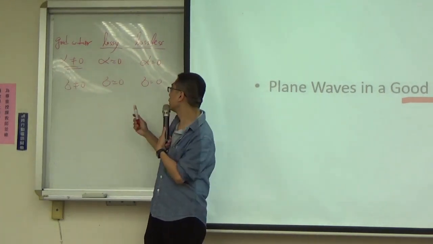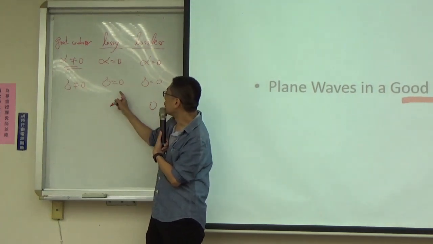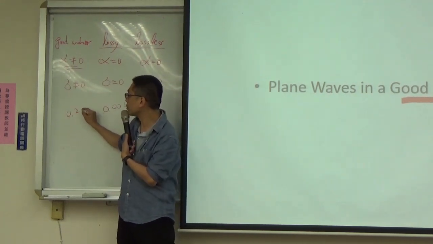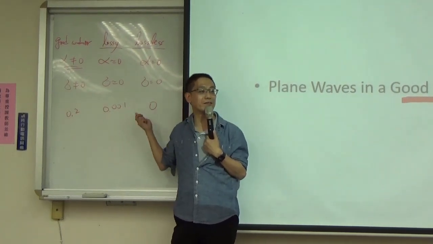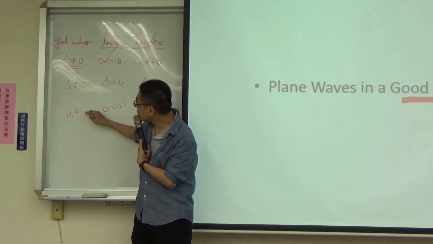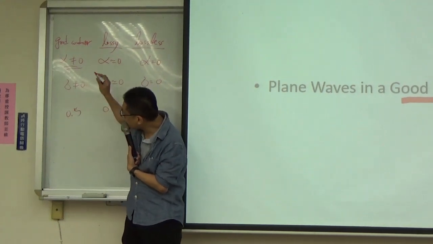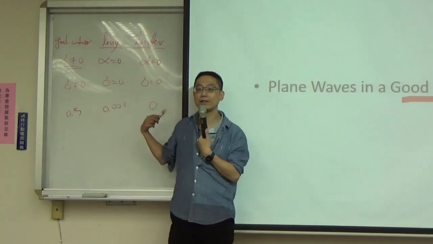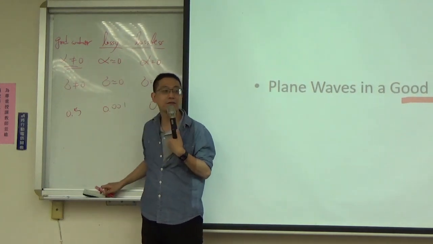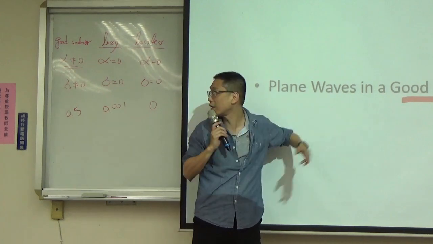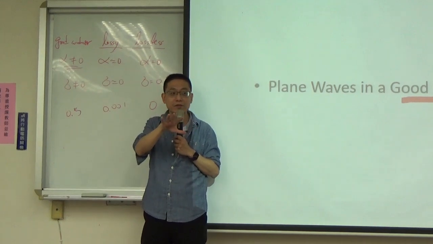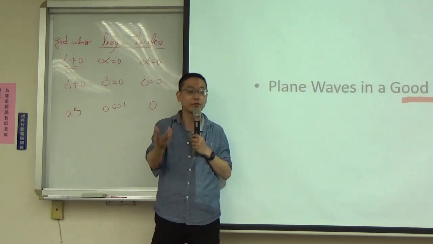I give you a number. It's 0, or maybe 0.001, or maybe 0.2, or some case like that. Or maybe a larger number, 0.5. Those are the cases: 1, 2, 3. There are some different cases, and now it's a good conductor. You have a number, it's not very small.